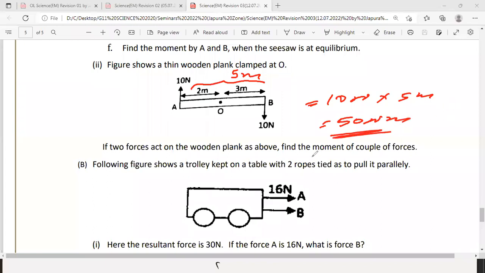That is the moment of forces here. Please raise your hand those who got the answer 50 Newton meter for part 2. How many of you got it? The perpendicular distance is 5 meters, and the value of the force is 10 Newton. Right, very good.